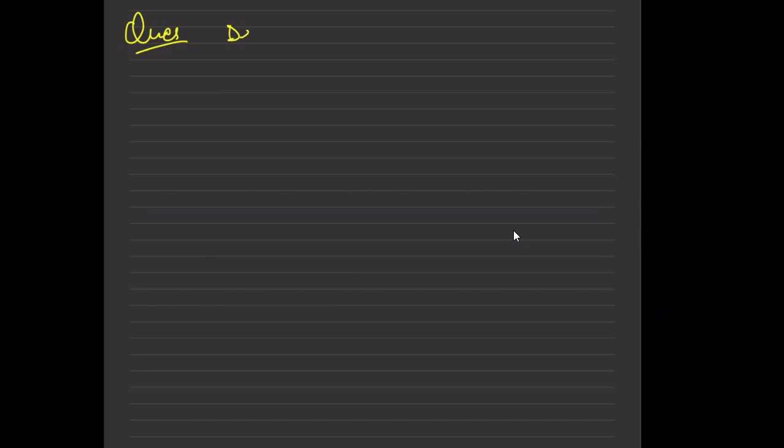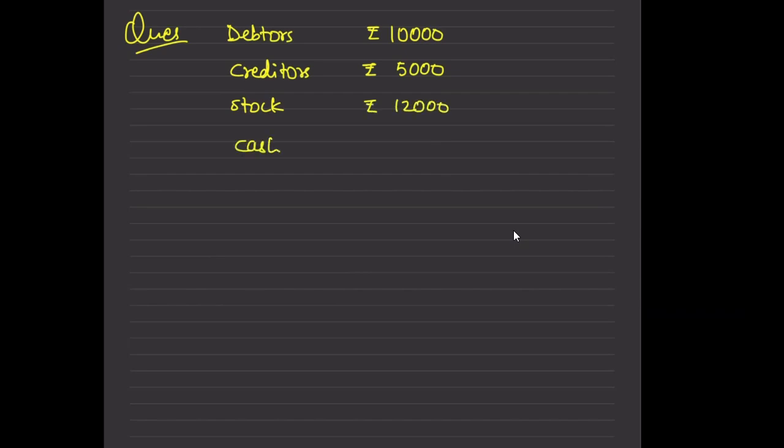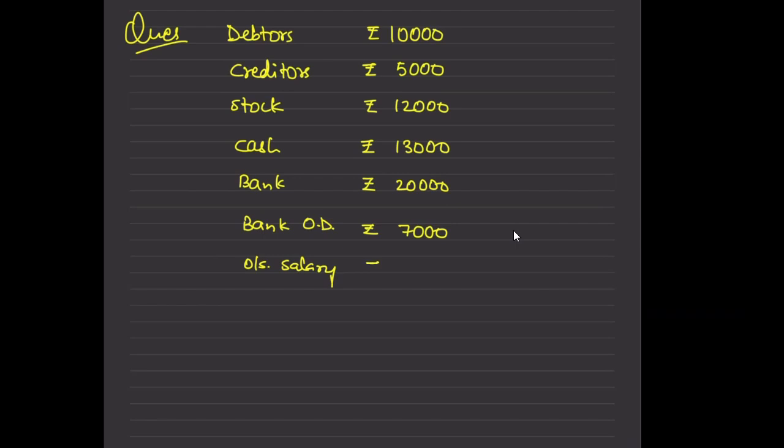So I'm giving you some information. Let's say debtors rupees 10,000, creditors rupees 5,000, stock 12,000, cash 13,000, bank balance 20,000, bank overdraft 7,000, outstanding salary 3,000, prepaid expenses 5,000.